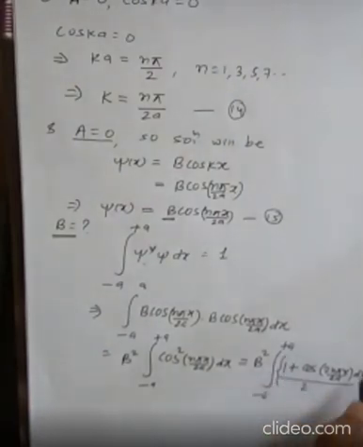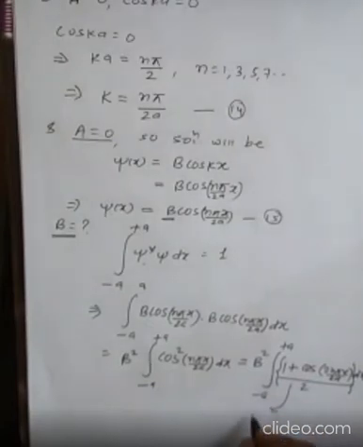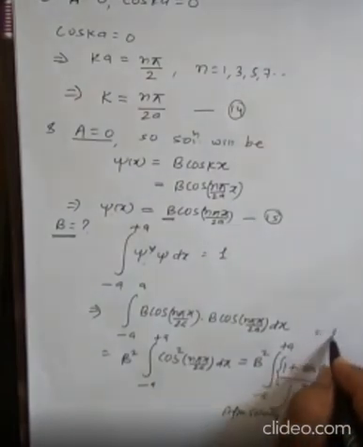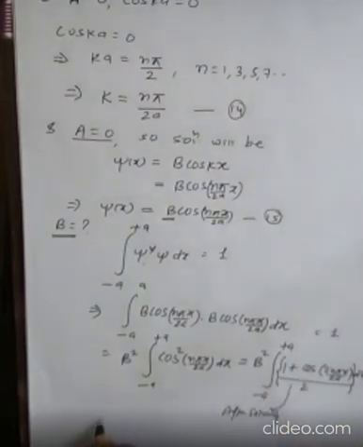Okay, so after solving this integral, this is equal to 1. I will get b square equal 1 by a, and then I will get b equal to root 1 by a.